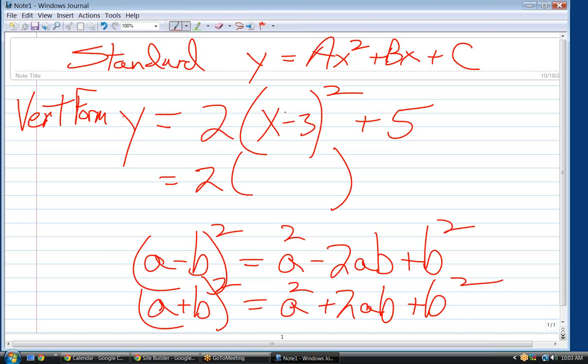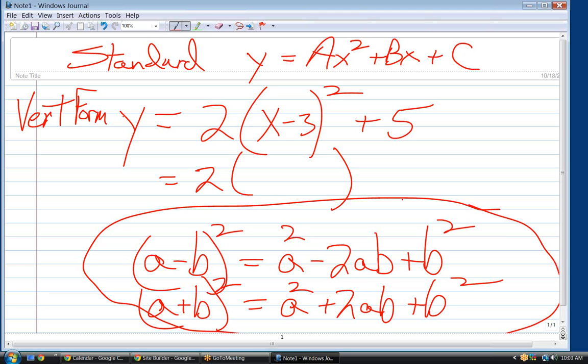So, do that operation based on one of those instead of foiling it. Alright. So it'd be x squared minus 2x, 2 times 3 times x. In other words, 2ab, a is x, b is 3.